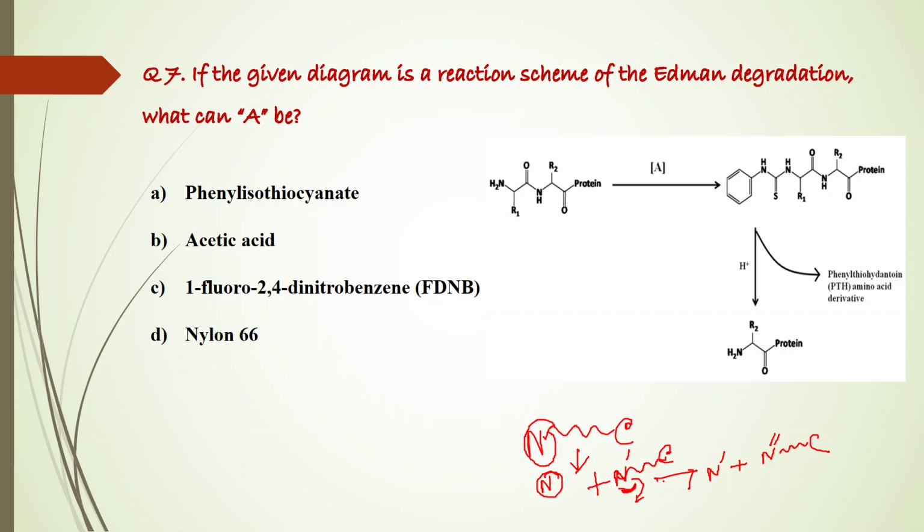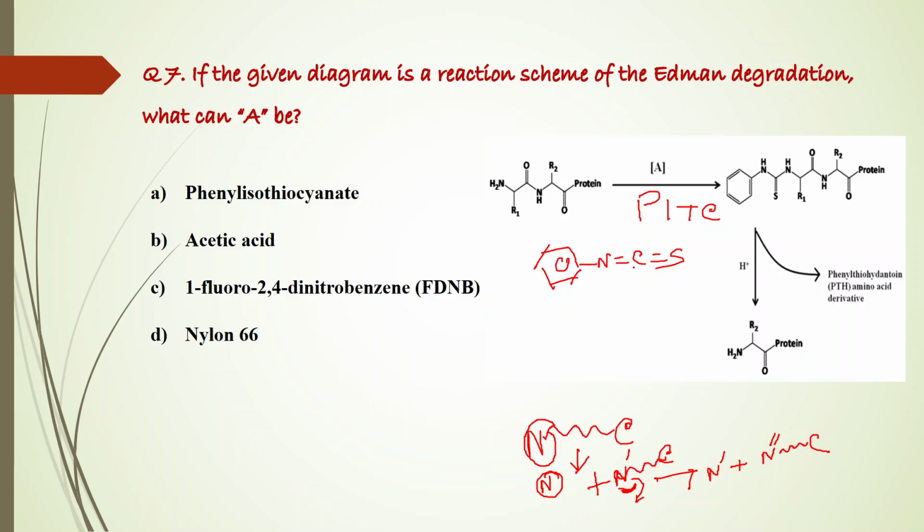Now the question was, what is the reagent that is used in case of Edman degradation? If you do remember, the reagent is written as PITC, known as phenyl isothiocyanate. It looks something like this, phenyl isothiocyanate.